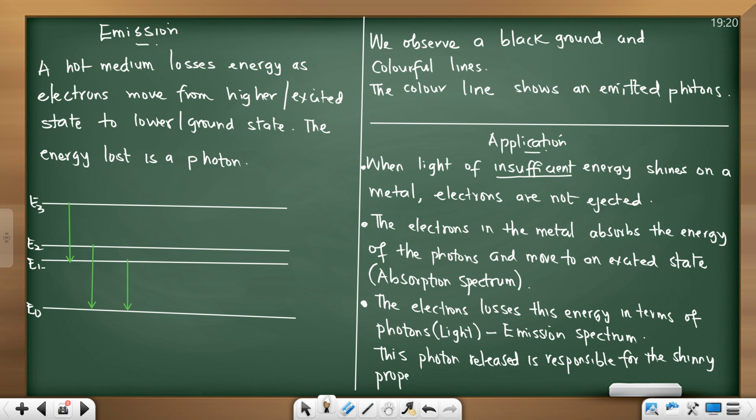The photon released is responsible for the shiny property. So in grade 10 we say metals shine. This is why they shine. Because what we are seeing is the light from it, light that is emitted. The light emitted makes them shine.